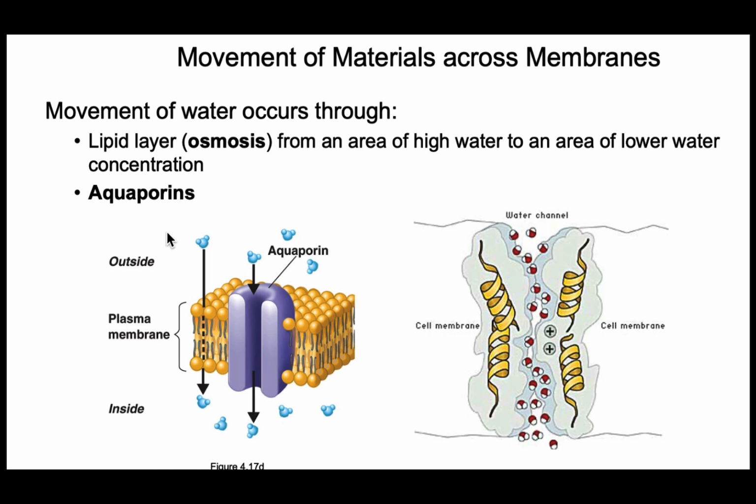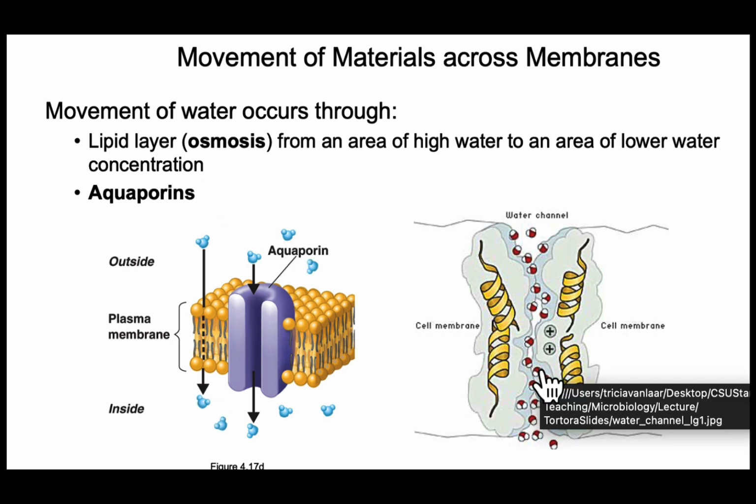Water also moves with a concentration gradient. It moves from an area where there are fewer solutes, meaning there's more water, into an area that has lower water. So they will move with that gradient. And this is what one of those channels looks like. Individual water molecules can go through the membrane, but they can also be transported maybe faster through these types of proteins called aquaporins. They're pores that transport water.